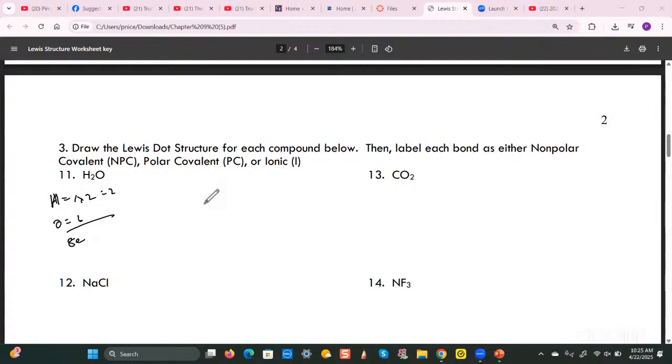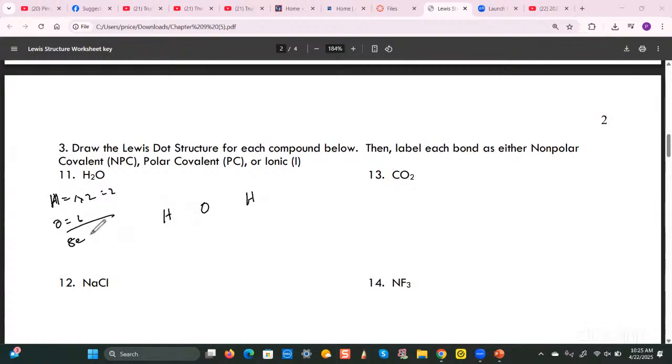In the case of water, the more electronegative element will be in the middle, and the only reason is that it's the only possible arrangement, because hydrogen cannot have more than 2 electrons on its outer shell. So you must have the oxygen in the middle and the hydrogens surrounding it like this.